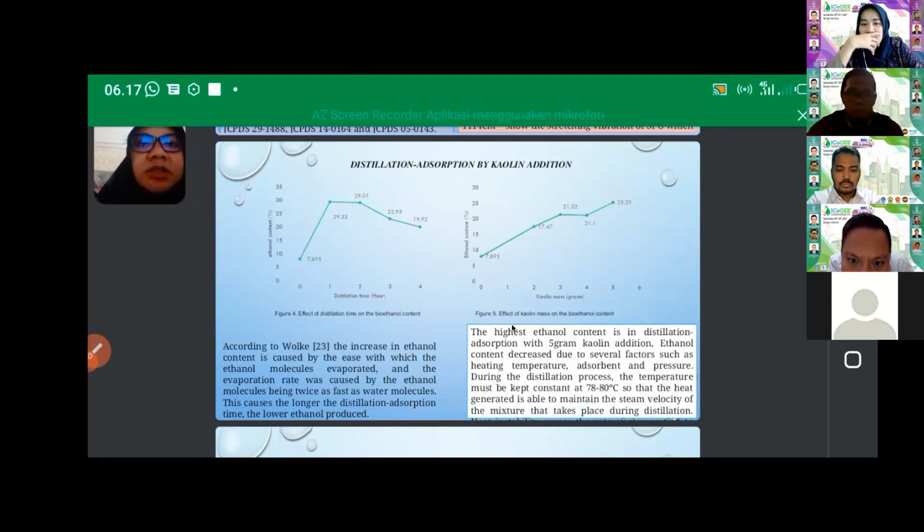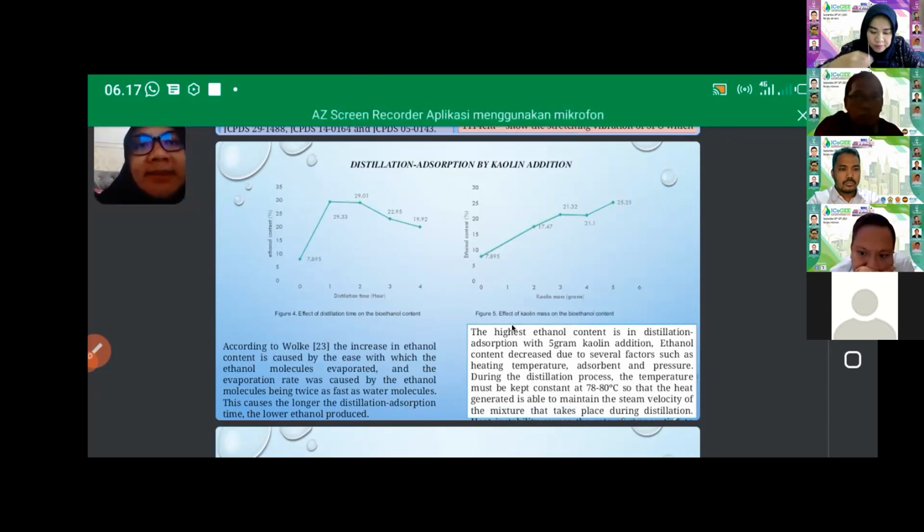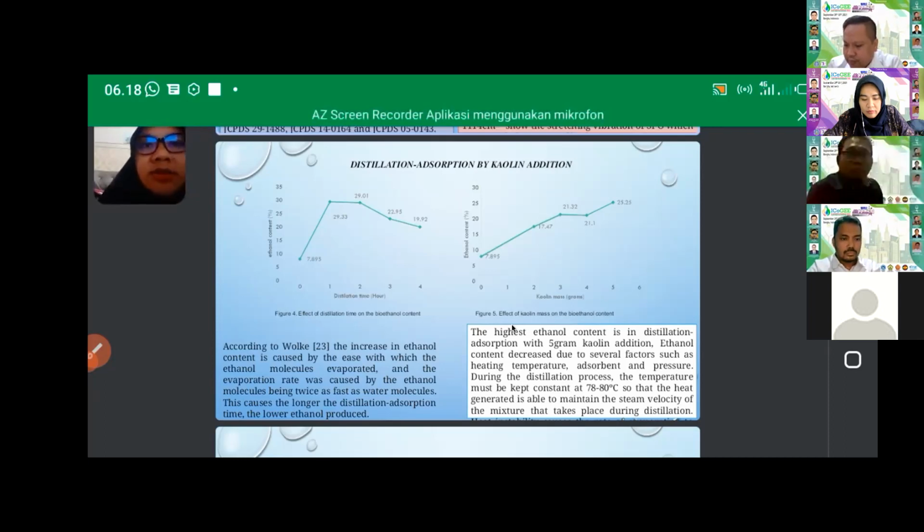From the data, we get 28.1% as the optimum ethanol content from the distillation time variation, and 25.25% as the optimum ethanol content in the effect of kaolin mesh on the bioethanol process.